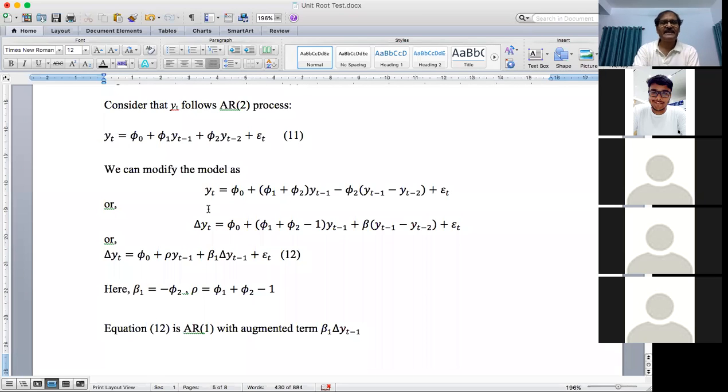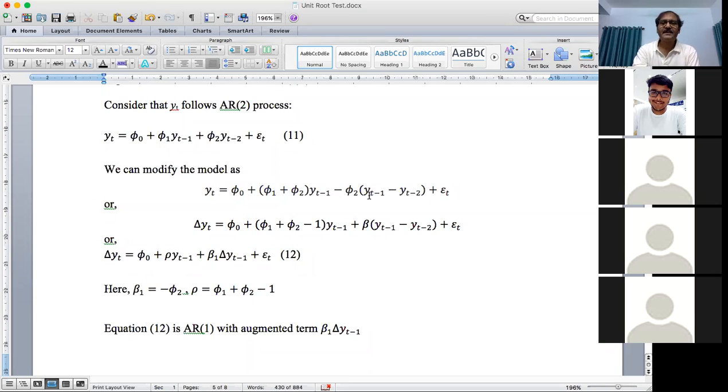Write down the left hand side as it is, Yt is equal to phi naught as it is. Now, do not write this one. Try to concentrate on this term. We originally have phi 2 Yt minus 2, and the presence of this term makes the process of Yt AR2. So we have to eliminate the effect of this term. How to eliminate?